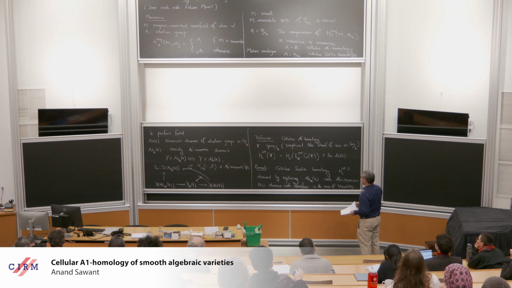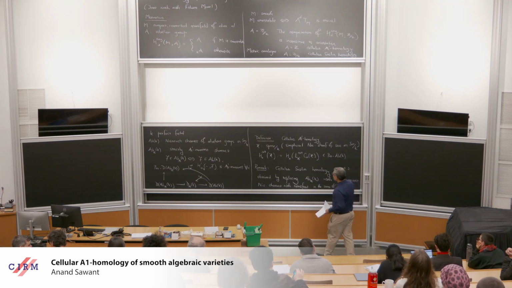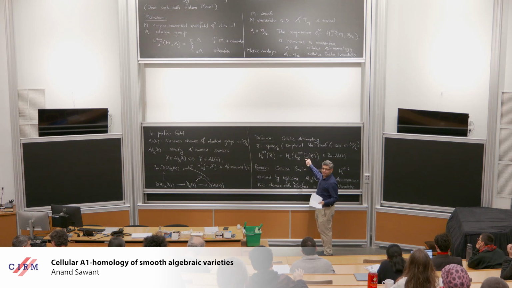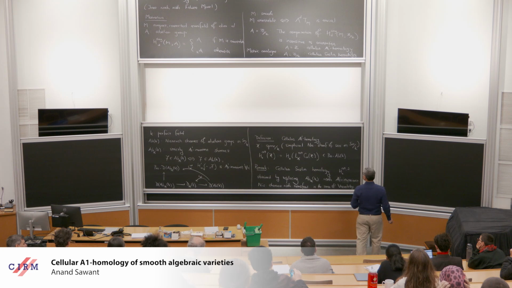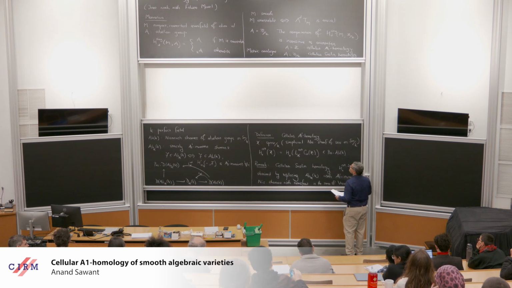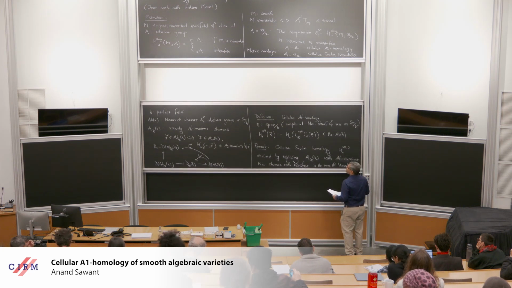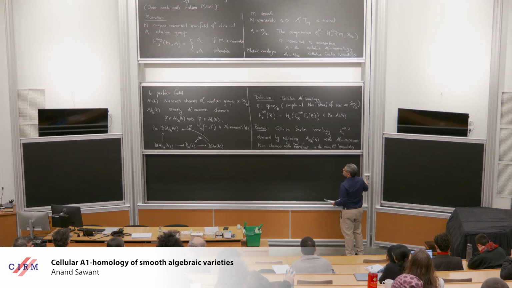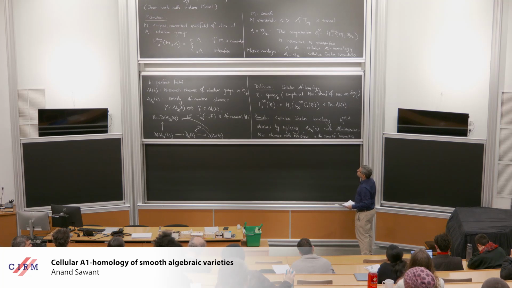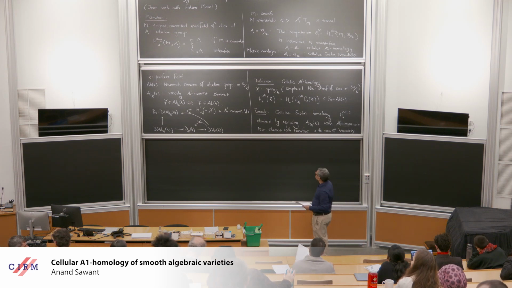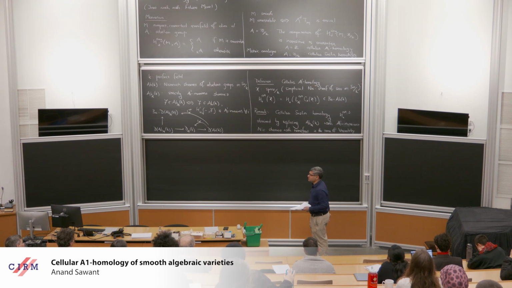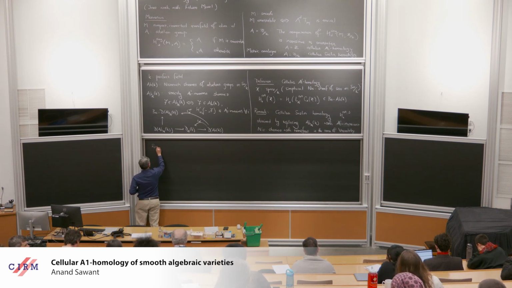So one advantage: of course, from the definition, it's not really clear if it is really computable, but I'll tell you one advantage of this at the outset, which is that if you start with a smooth scheme of dimension D over K, then the cellular A1 homology vanishes beyond the dimension. And this is because of the following.